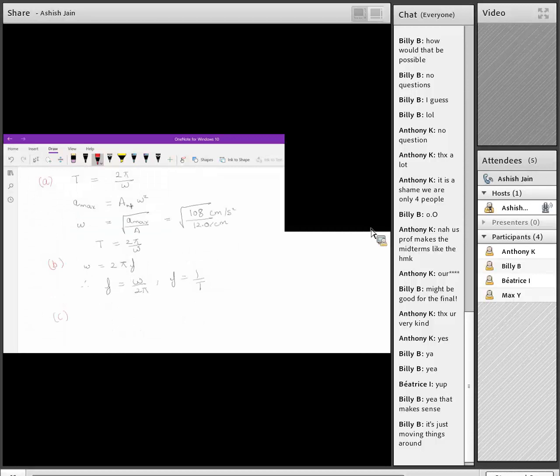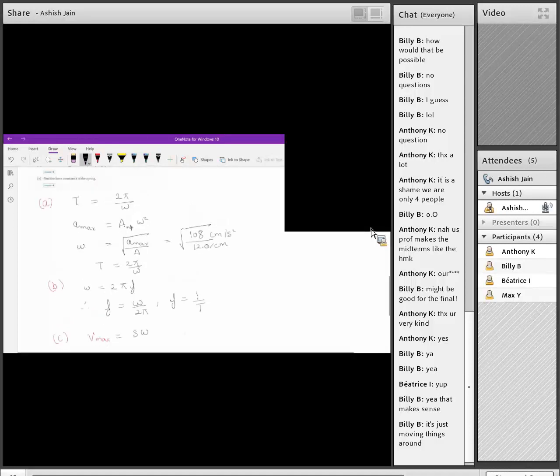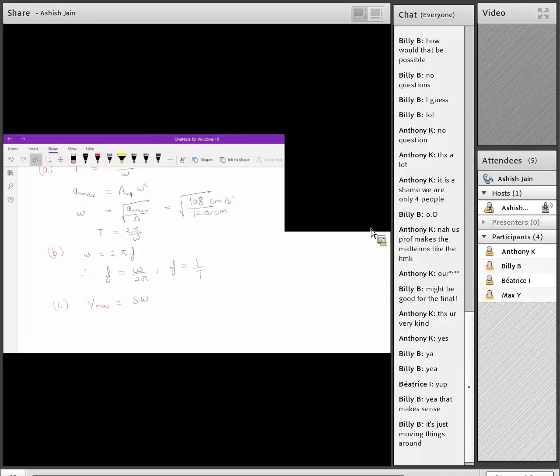See, maximum speed V max is A omega. Amplitude I denoted by A, so I'll continue with that notation.